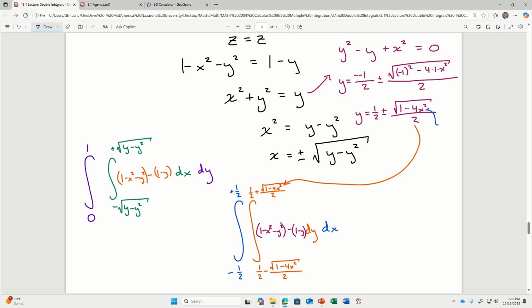That's the only range of values where I can make this equation work and get a real value for y. So that is the same integral using two different orders of integration. Both of those will give you the volume of the solid bound between the paraboloid and the plane.